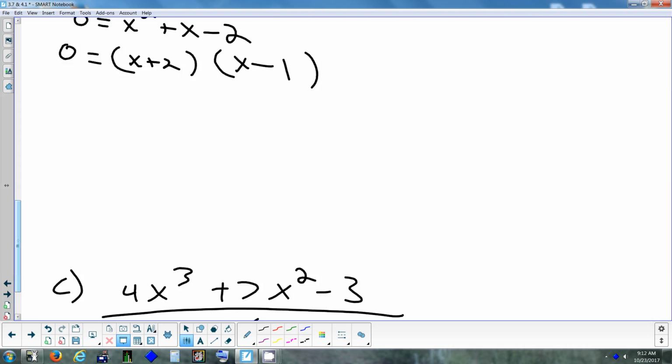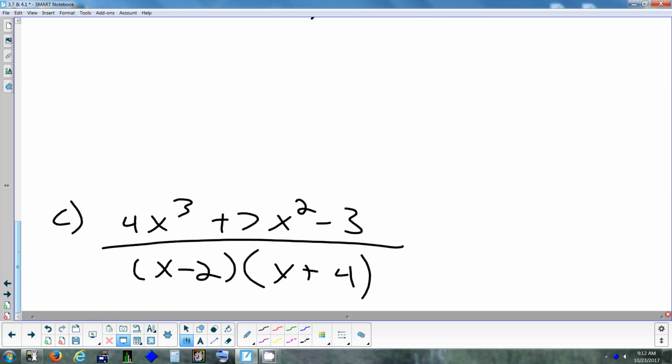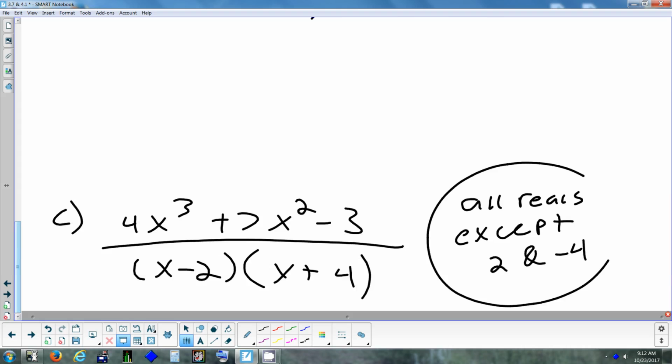Right, and this one. Actually, this one's a little bit easier than B because the factoring is already done for you. So Tessa, what would be the values I am not allowed to use in the denominator here? Yeah, so all reals except 2 and negative 4.